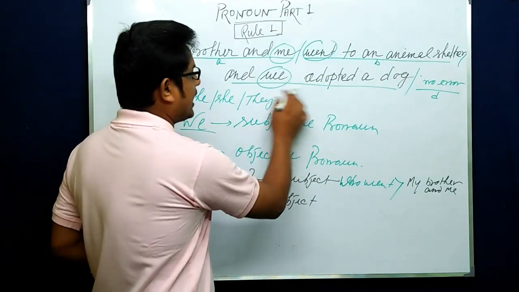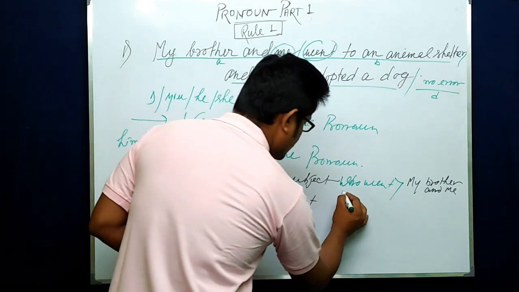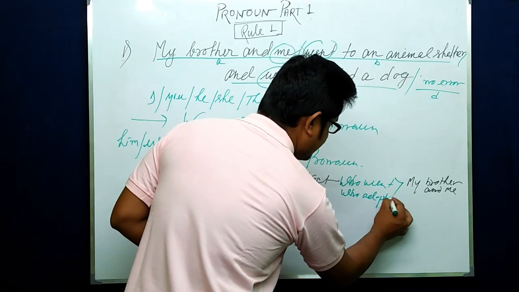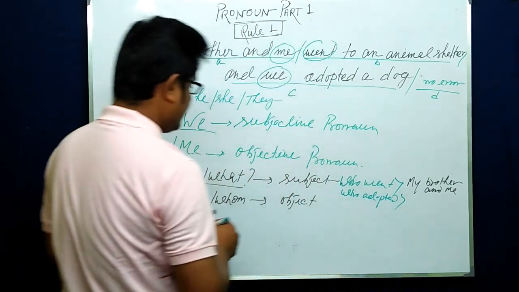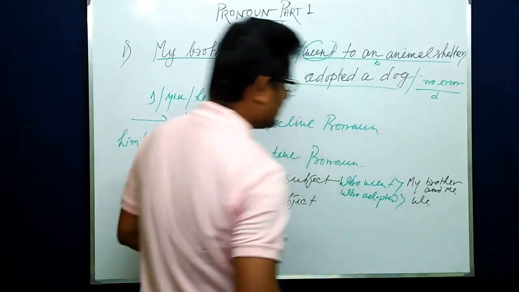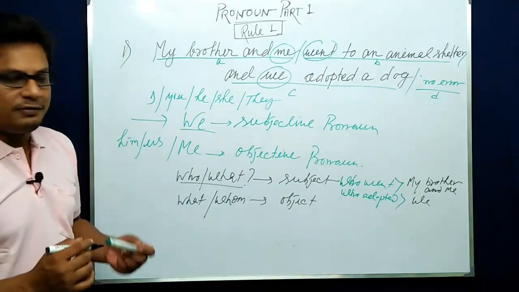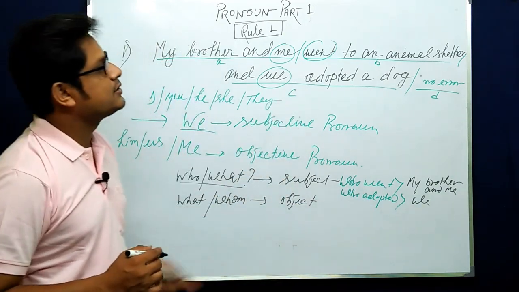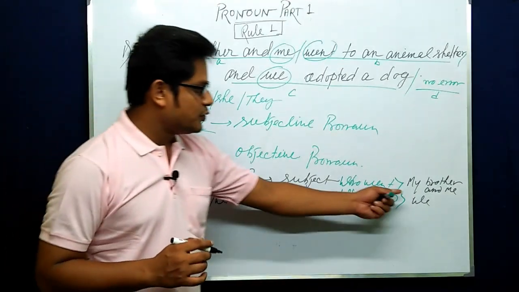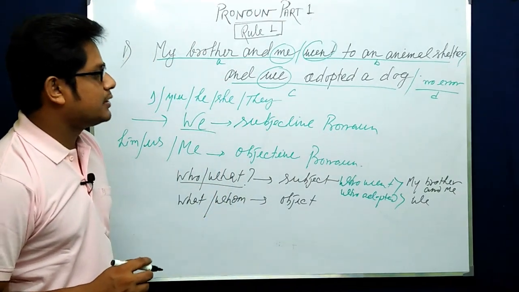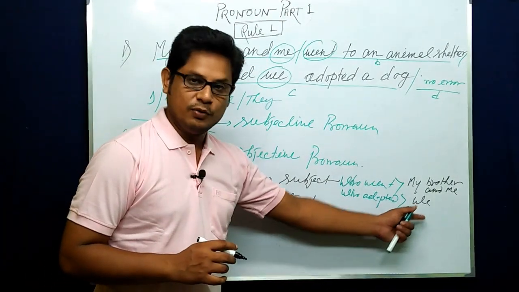See, who adopted a dog? Again the answer is we. Clear? So in this way you will find the subject of the verb. Who went to an animal shelter? The answer would be my brother and me. And number two, who adopted a dog? The answer would be we.